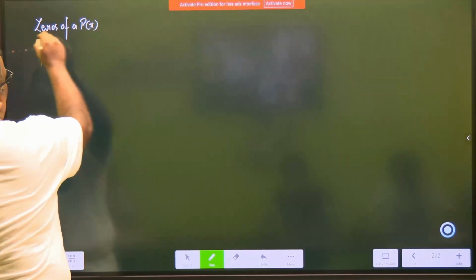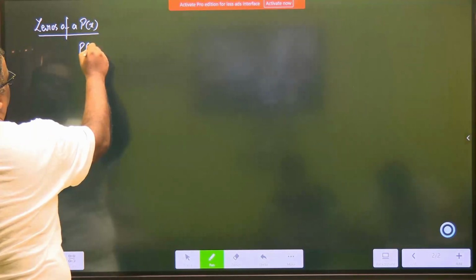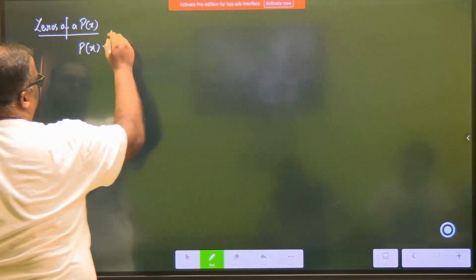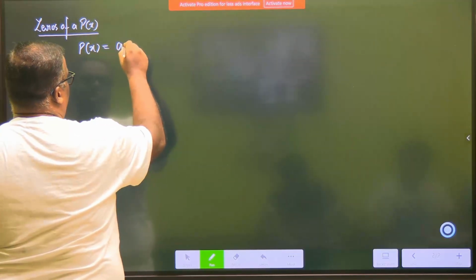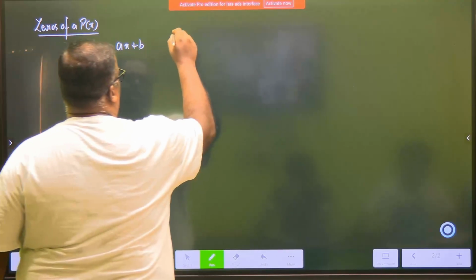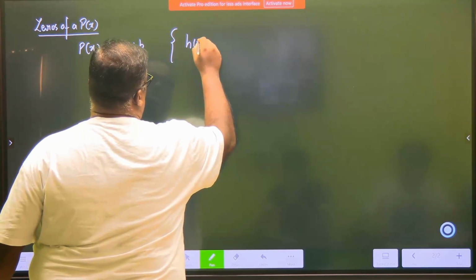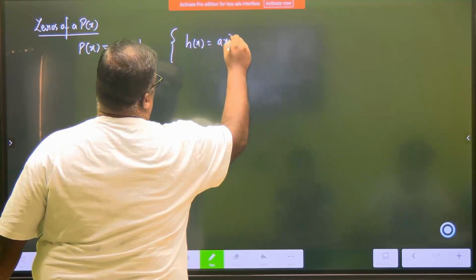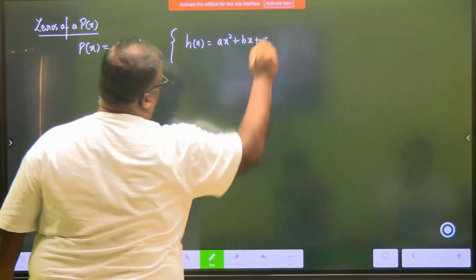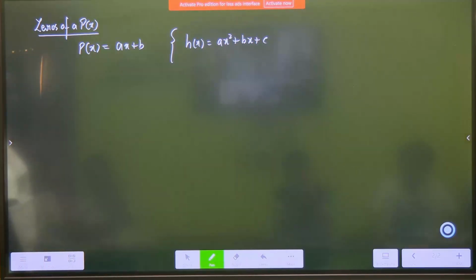Zeros of a polynomial. I'm taking two standard polynomials. Say I have a polynomial p(x) = ax plus b, and I have another polynomial, say h(x) equal to ax square plus bx plus c. Understood?